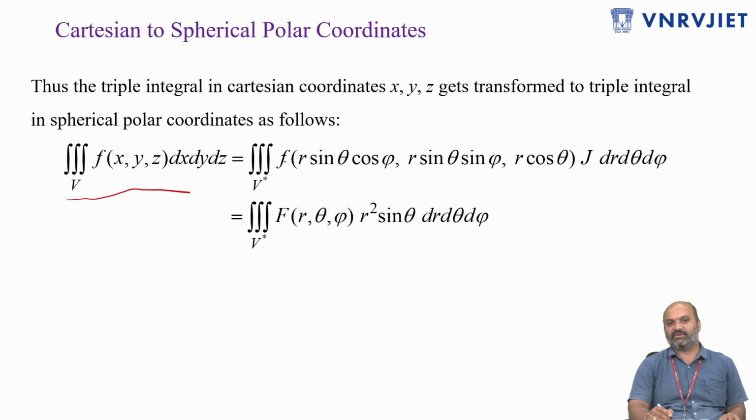Substitute x, y, z equals r sin theta cos phi, r sin theta sin phi, r cos theta respectively, and the Jacobian dr d theta d phi. If you substitute this transformation, the integrand is now a function of r, theta, phi. Let's denote it with capital F, and the Jacobian is r square sin theta dr d theta d phi.